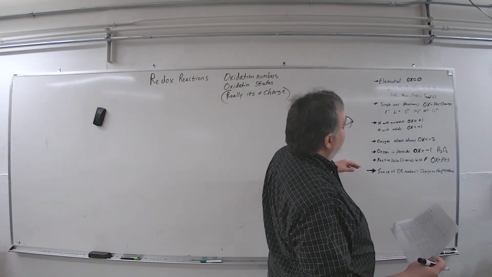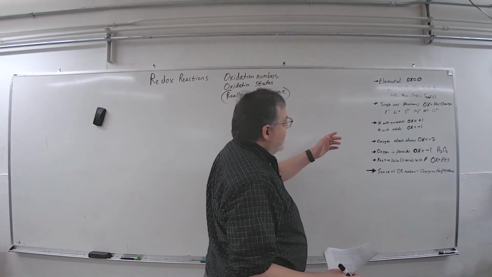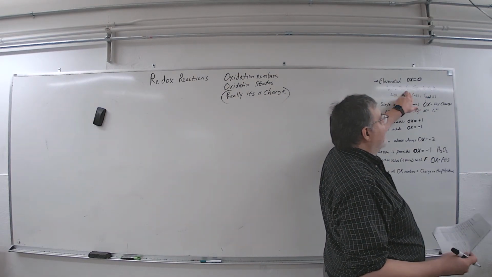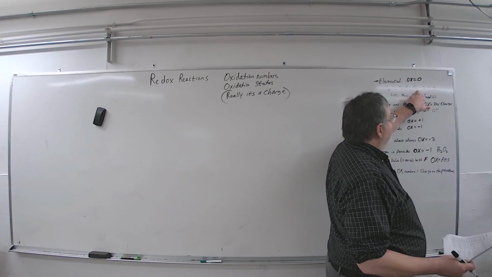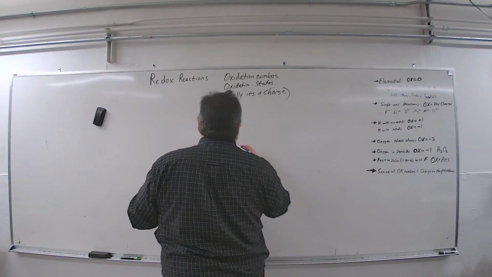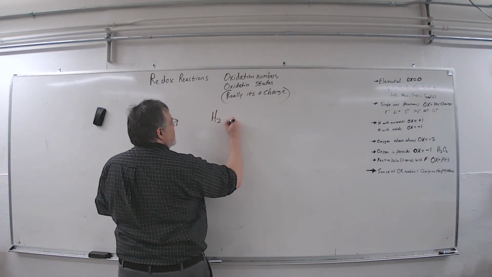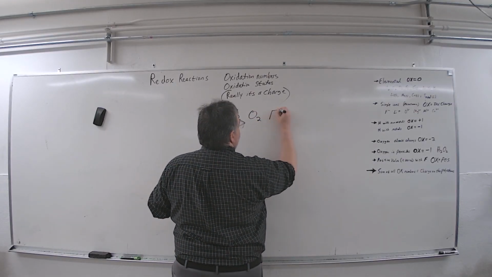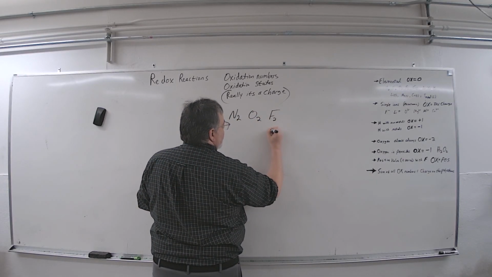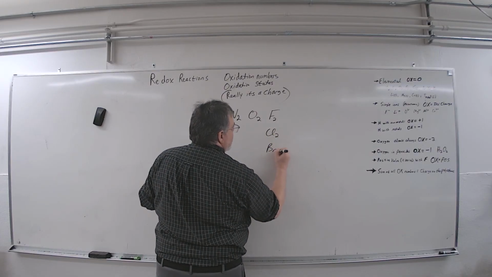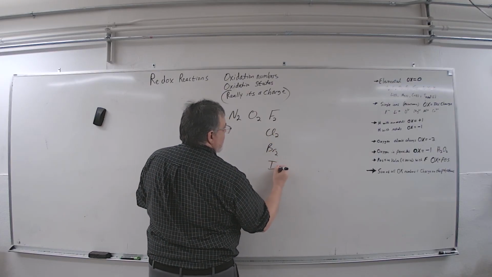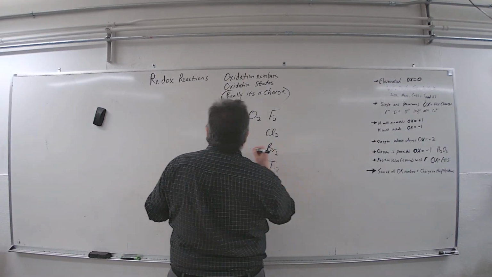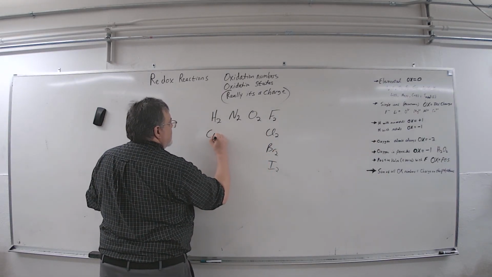If you have an elemental compound, and that means any of these, H2, N2, O2, sulfur exists as S6 sometimes. This means carbon solid. H2, N2, O2. I've left off there all the halogens, F2, Cl2, Br2, I2. What else is over there? Carbon.